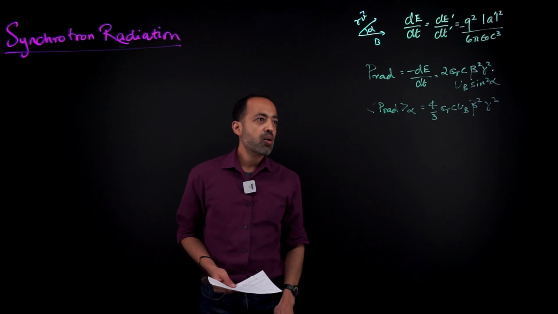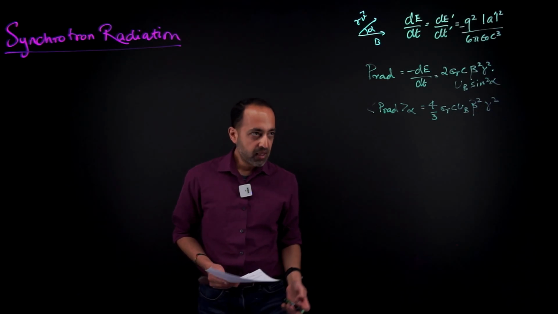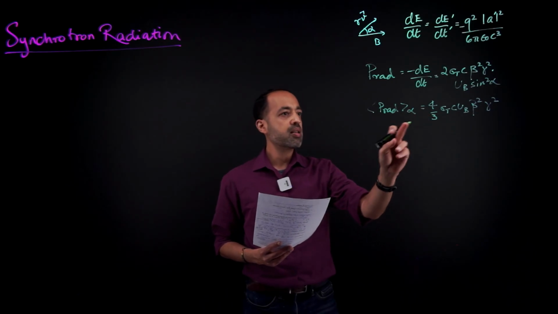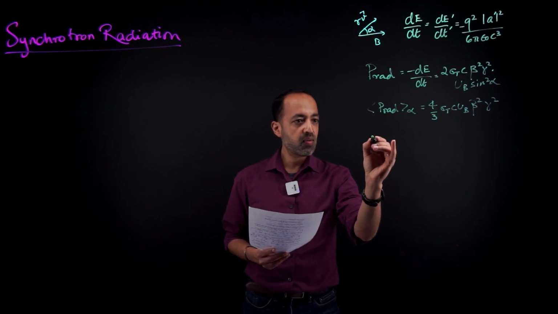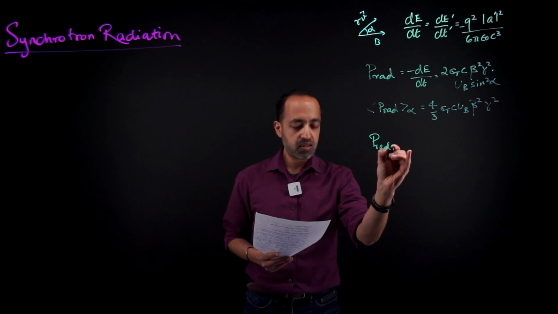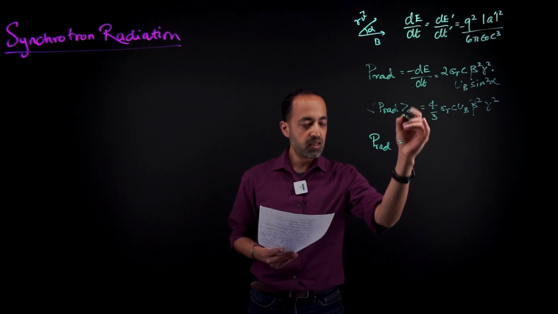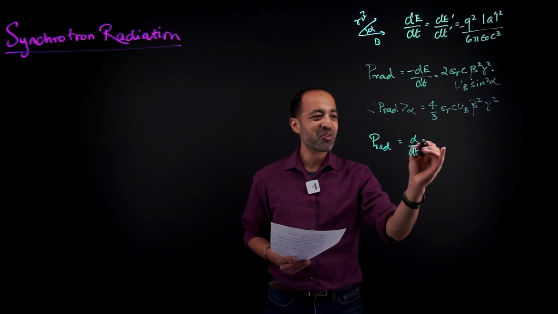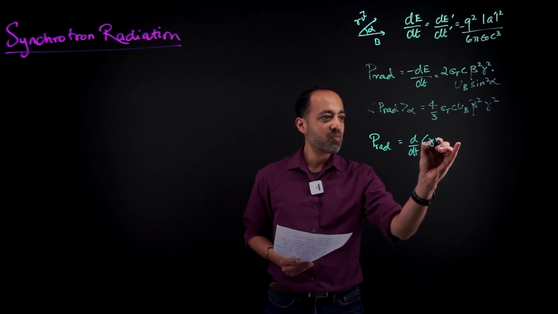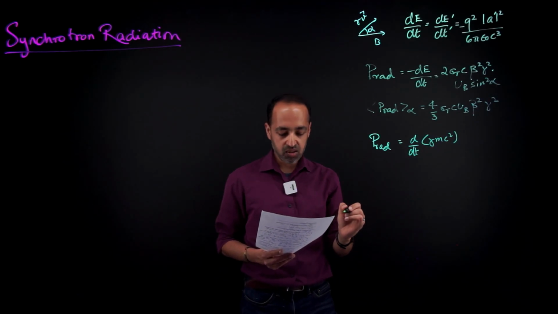Okay, so in that context, something to keep in mind is that this radiated power is proportional to gamma squared. So P_rad, which is just minus dE/dt, is the time derivative of the energy, which, remember, the relativistic energy now has gamma, so gamma m c squared is the total energy of the charged particle.